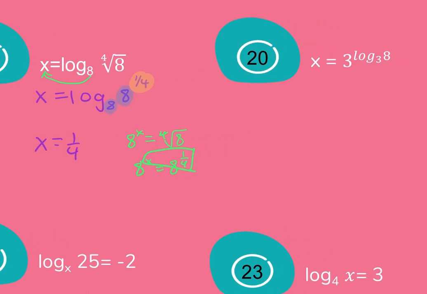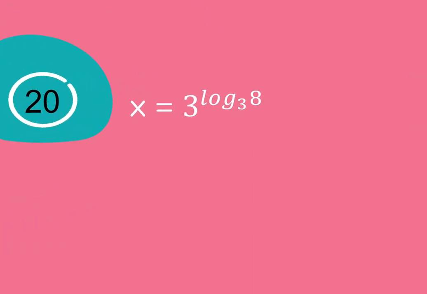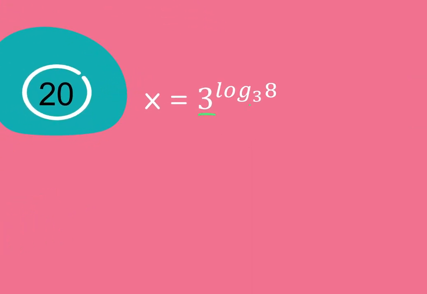20 says x equals 3 to the log base 3 of 8. So again, shortcut here is this base is the same as this base. I literally can ignore the whole thing and grab the 8. The other way to rewrite this is that 3 becomes the base on the log.